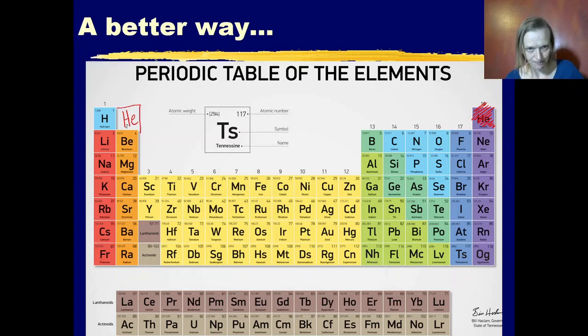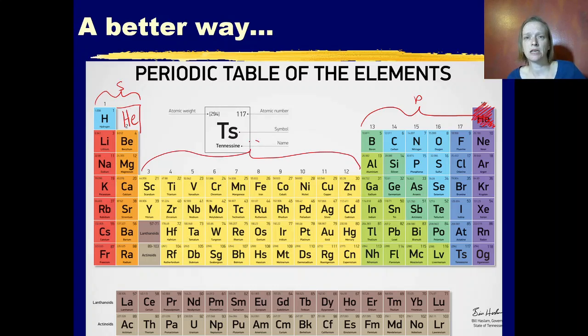You do need to remember that this is the S block, this is the P block, this is the D block, and this is the F block.